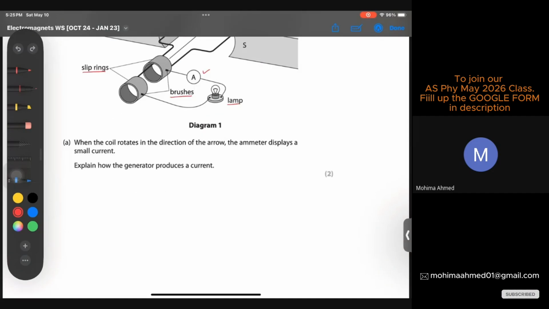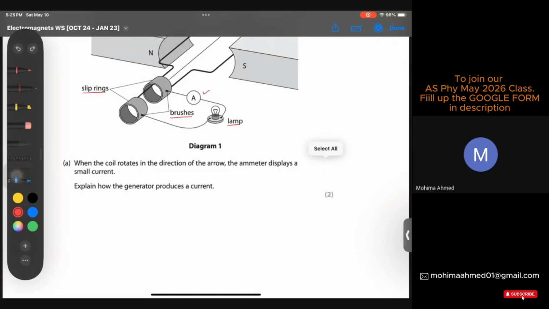We can also say AC current supply because we have the split ring that will continuously change the direction of your current flow, but we don't have to think about all those things because they're only giving me 2 marks. If they were giving me 4 marks, I would include all those details also.